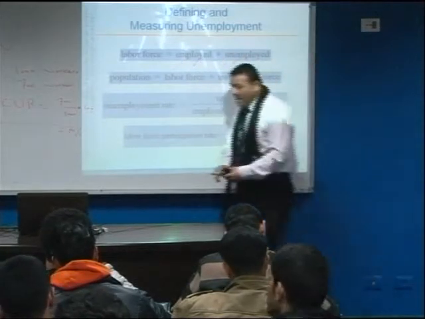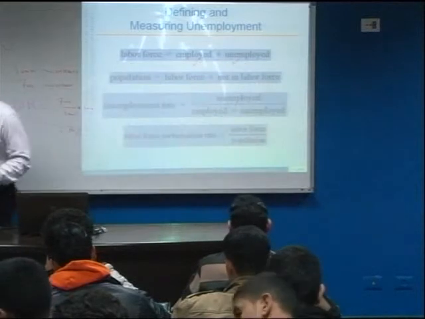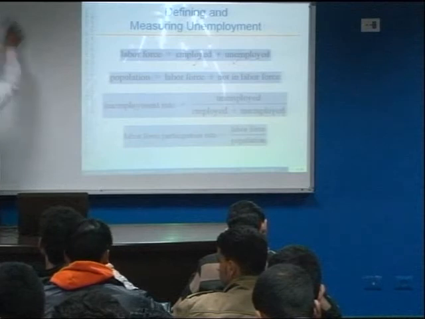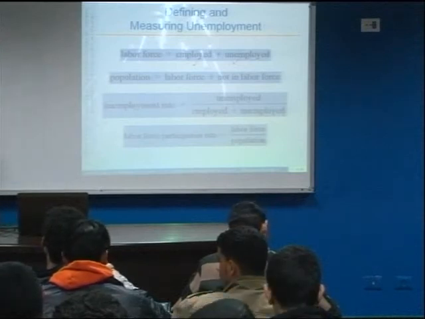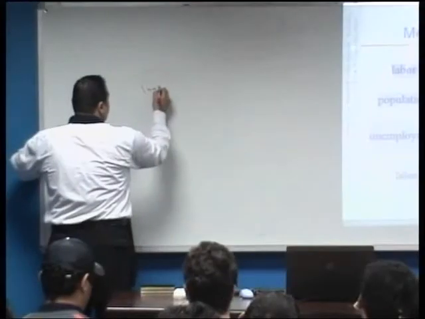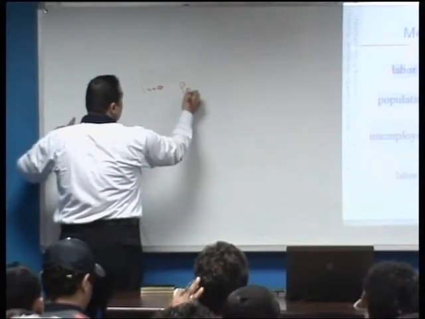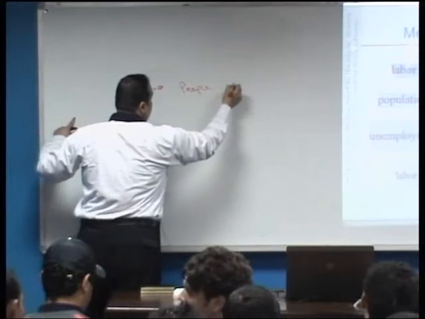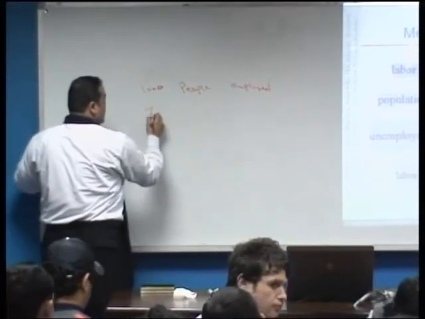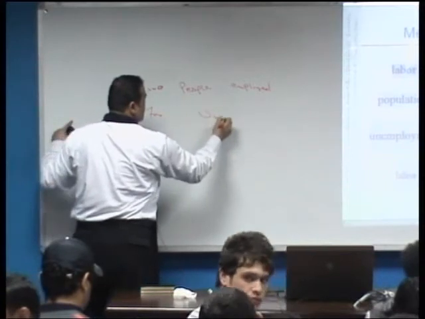So suppose in the economy we have people who are 16 years old and more, some of them, 1,000 people are employed and 700 are unemployed.